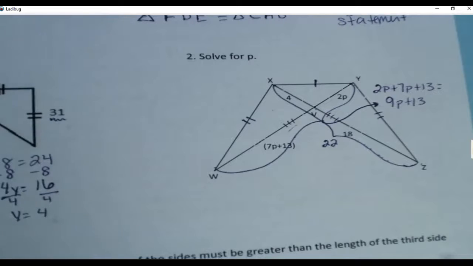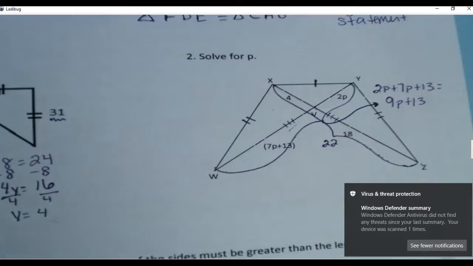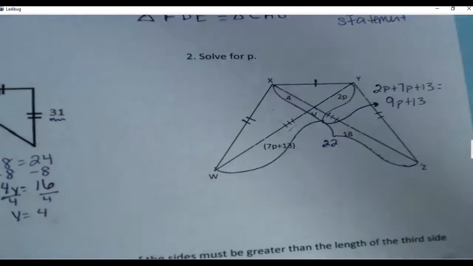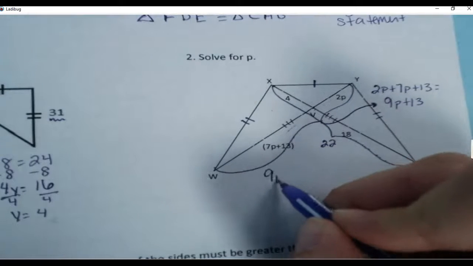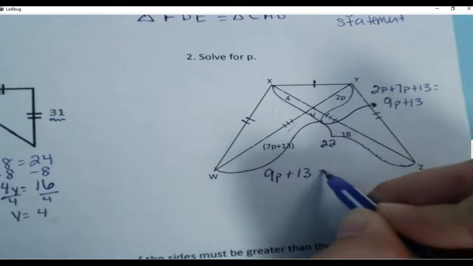Okay. And then I know one whole side matches one whole side, so we can set them equal. So 9P plus 13 equals 22.